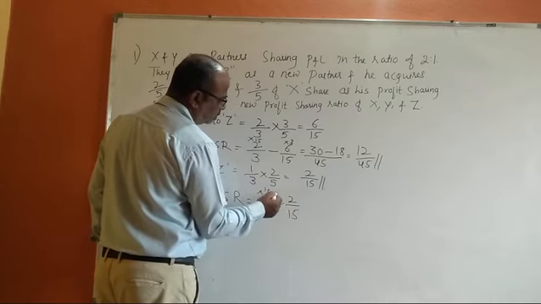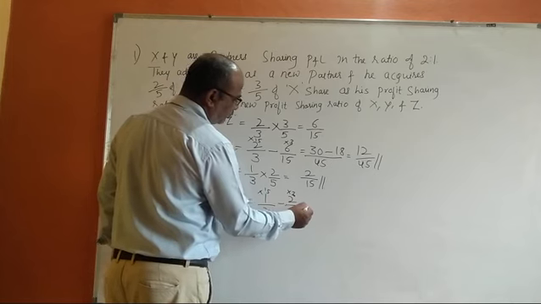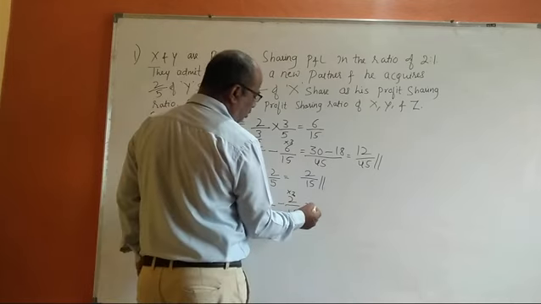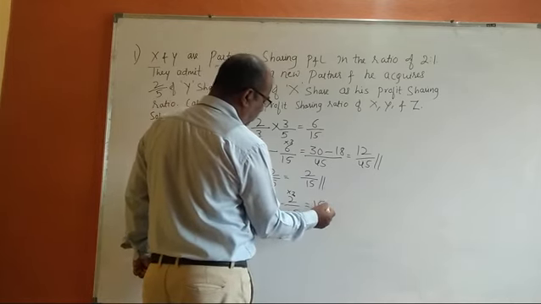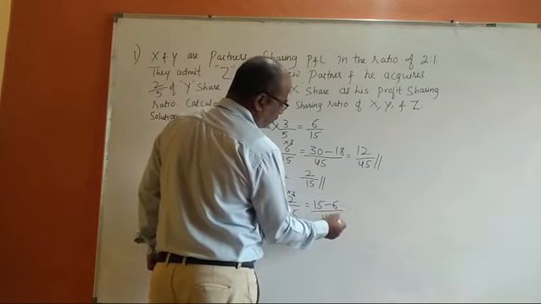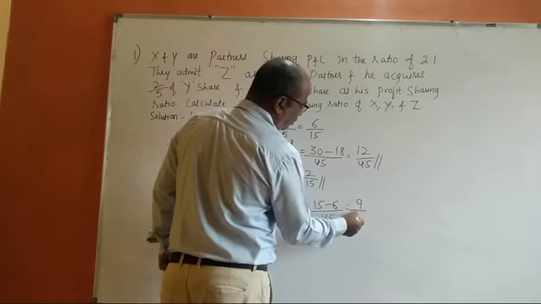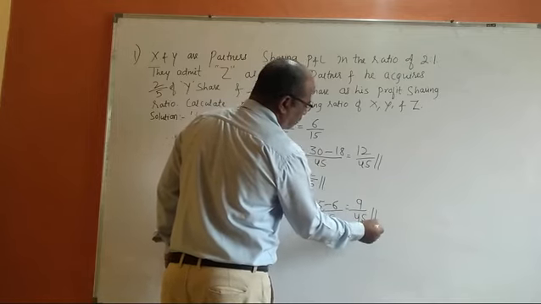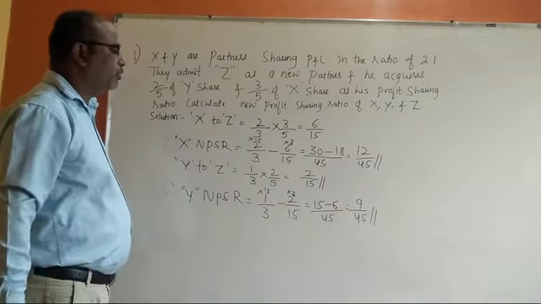Into 15 into 3, equal to 15 minus 6 over 45, equal to 9/45. This is the new profit sharing ratio of Y.